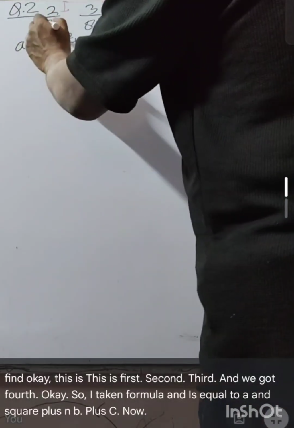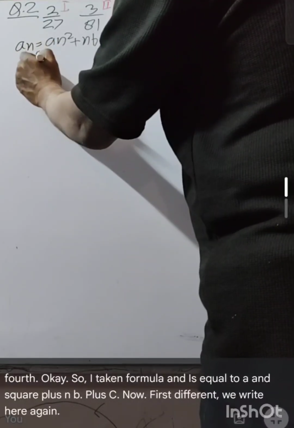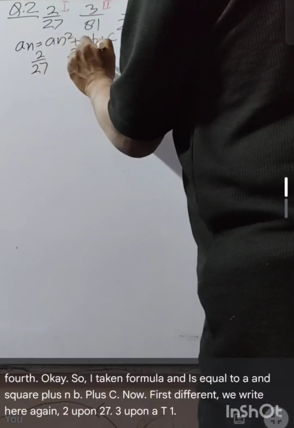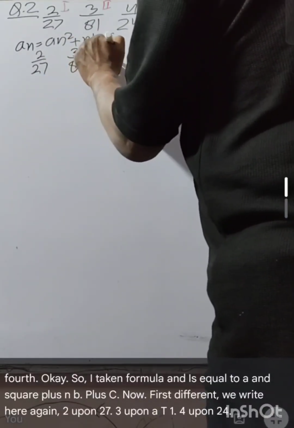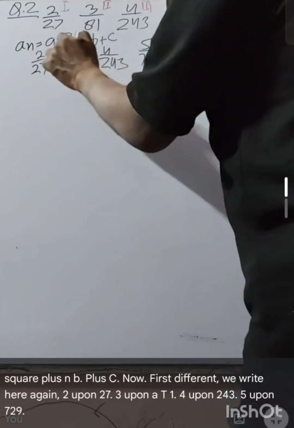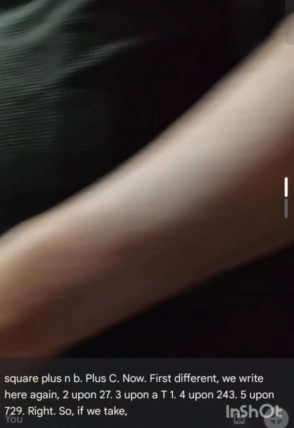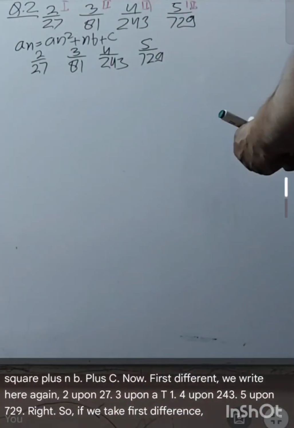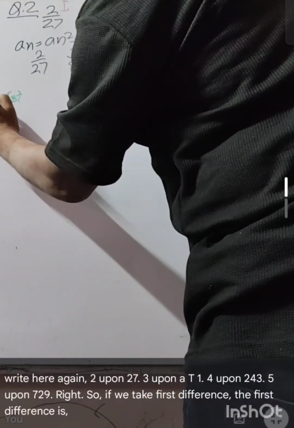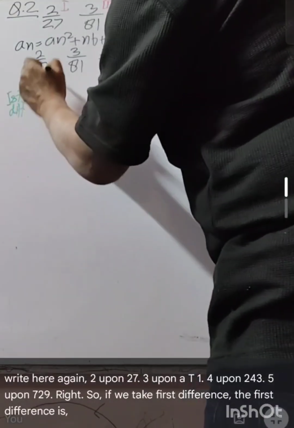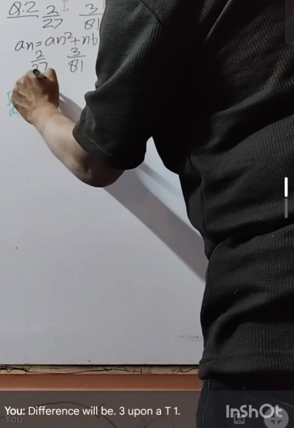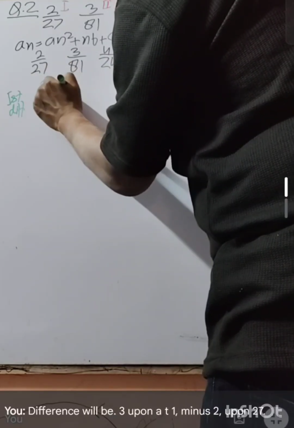Now for the first difference we write here again 2 upon 27, 3 upon 81, 4 upon 243, 5 upon 729. So the first difference will be 3 upon 81 minus 2 upon 27.